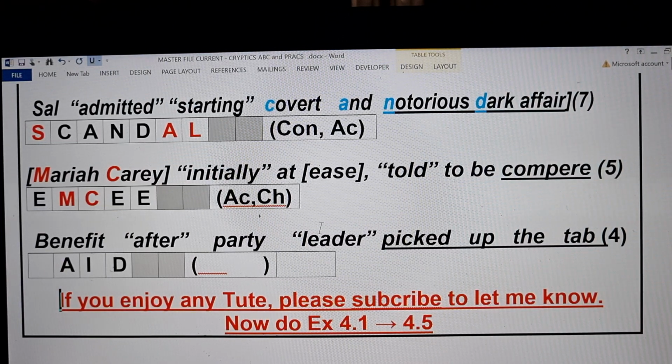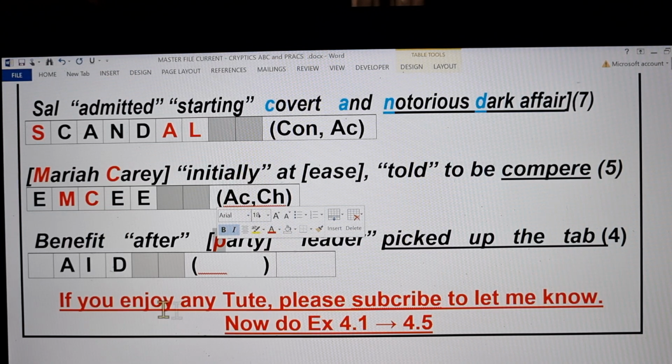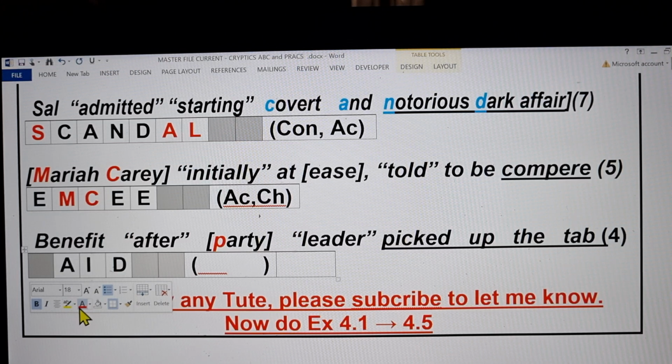Party leader. What's the party leader? It's the leader of the party. Prime Minister? No. Not the Prime Minister. The leader of the word party, which is your P. Of course, I can't get that here. I don't know why I can't get it here. Should be there. P. And what's the aid come from? Well, it's the benefit, isn't it?